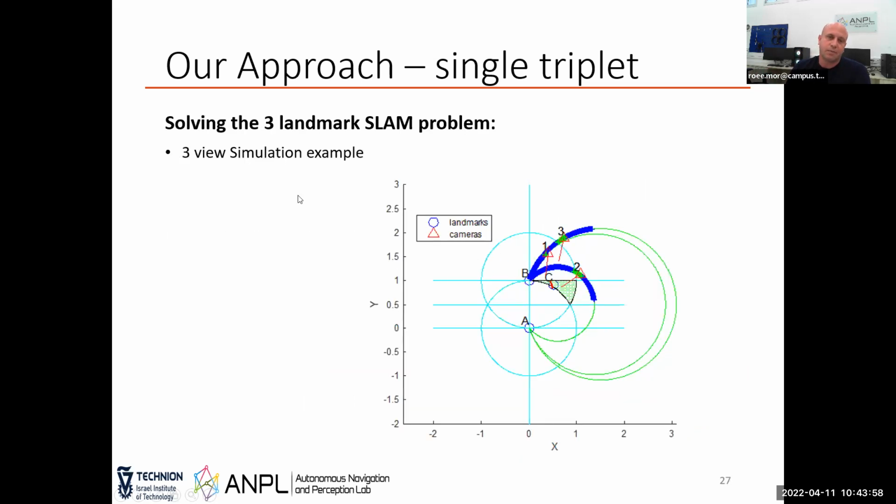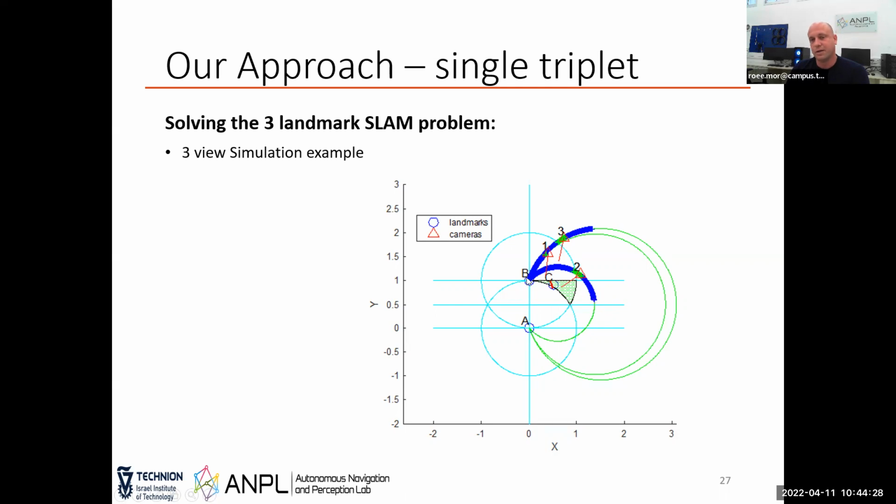So this is an example from our simulation. You see 1, 2, and 3 are the camera poses, the ground truth camera poses in this scenario. You can see landmarks A and B and C. And the green circles are the original locus circles for the cameras. The blue segments are the reduced, the valid samples after you have two views.